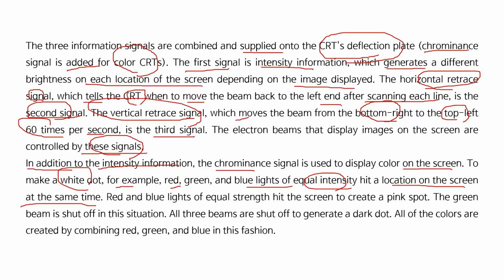Red and blue lights of equal strength hit the screen to create a pink spot. The green beam is shut off in this situation. All 3 beams are shut off to generate a dark spot. All of the colors are created by combining red, green, and blue in this fashion.